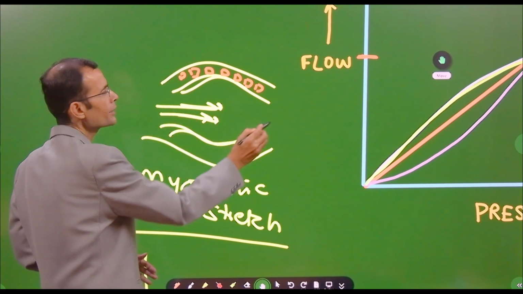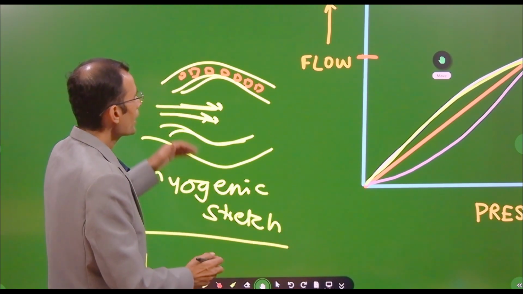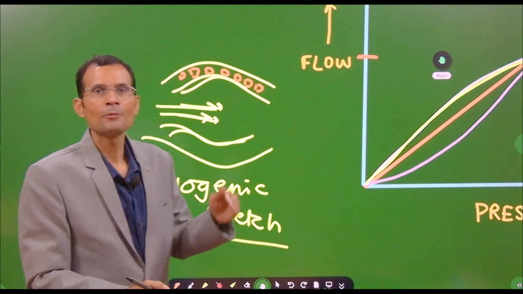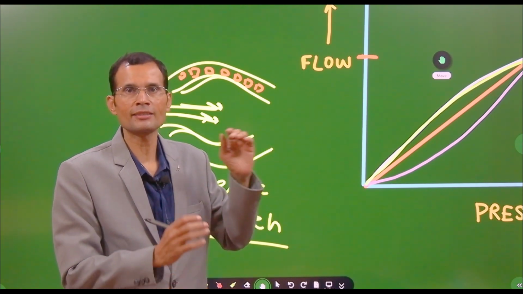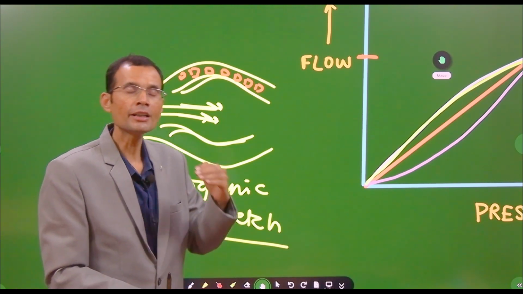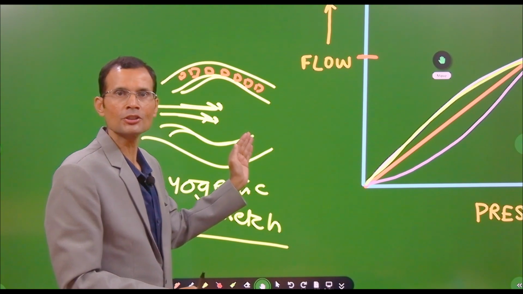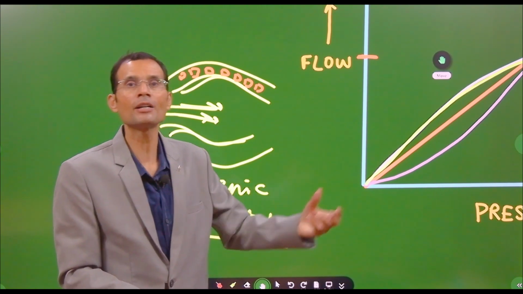So increased flow with increased pressure, but then as the blood flow increases, the blood vessel distends, and as it distends, the flow increases even further. With just a small increase in pressure, the flow will increase tremendously.